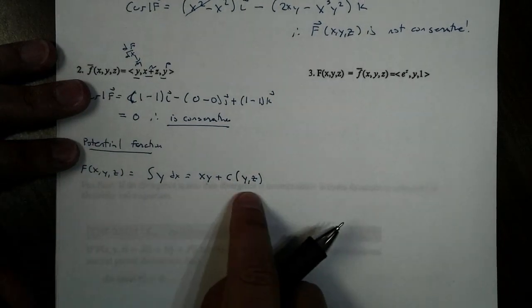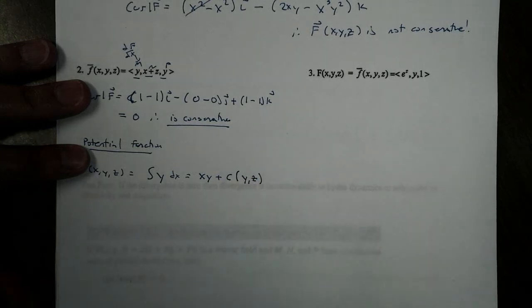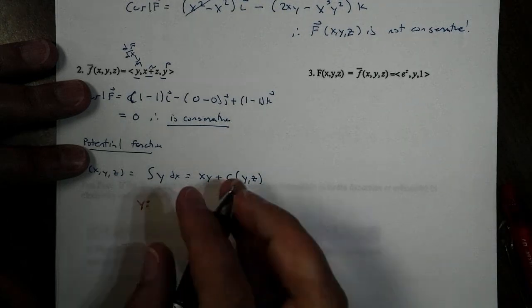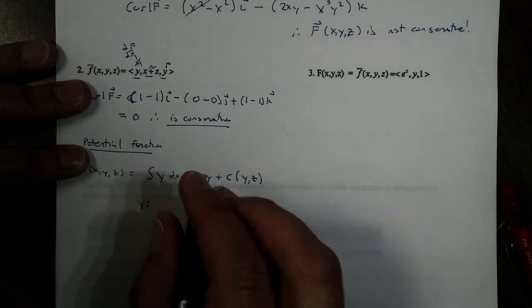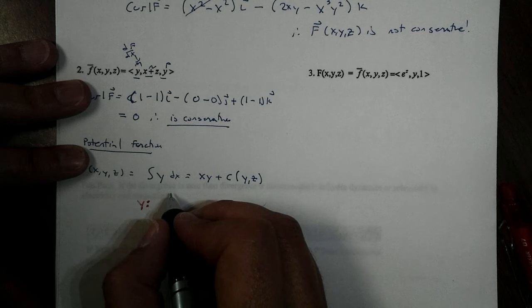Now, we have to pick. Well, which one do you want to solve for now? Y or z? I'm going to pick y. So to get y, I am going to take the derivative with respect to y. Right here.